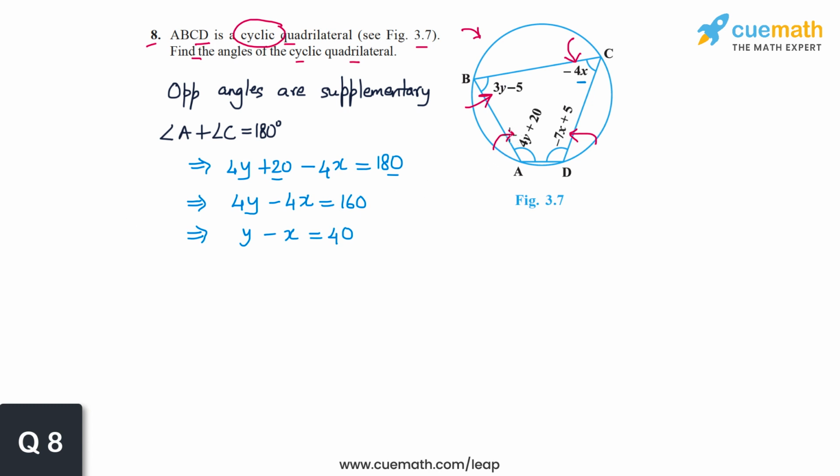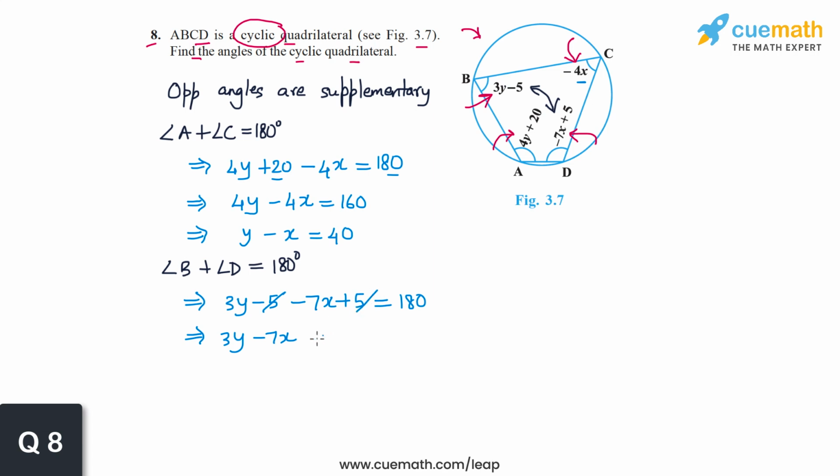Now let's use the fact that the second pair of opposite angles is also supplementary, angle B and angle D. So we have angle B plus angle D. This is also equal to 180 degrees, and this means that 3y minus 5, which is angle B, and then minus 7x plus 5, which is the measure of angle D, is equal to 180, or 3y minus 7x, and the minus 5 terms cancel out, so this is equal to 180.